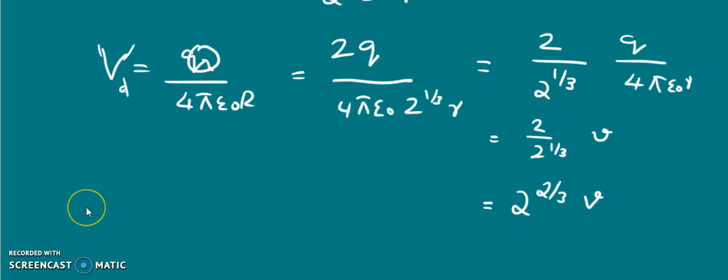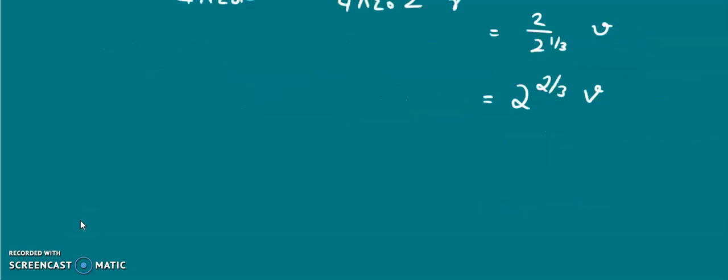Now we have to calculate the potential of the effective drop when n small drops combine. Suppose n small drops combine to form a bigger drop. In that case, the potential has to be calculated.